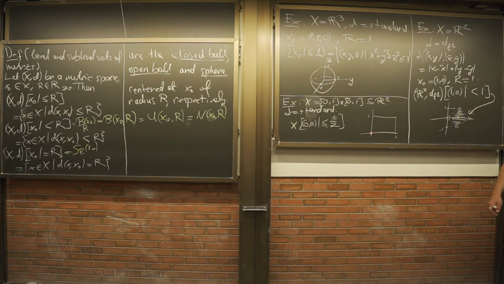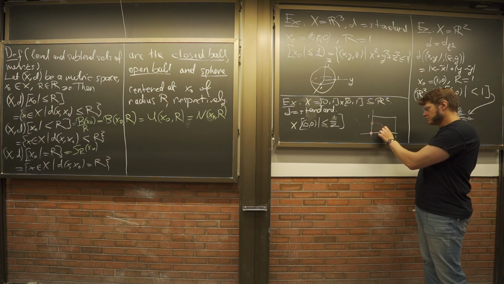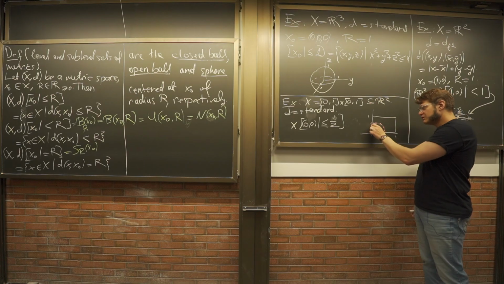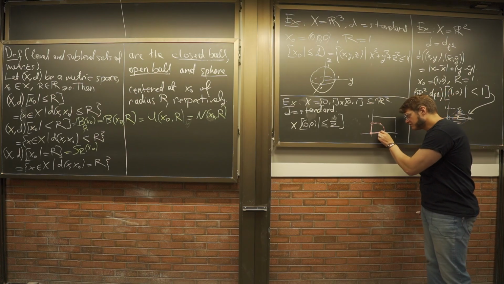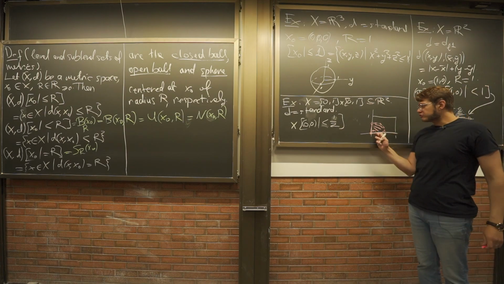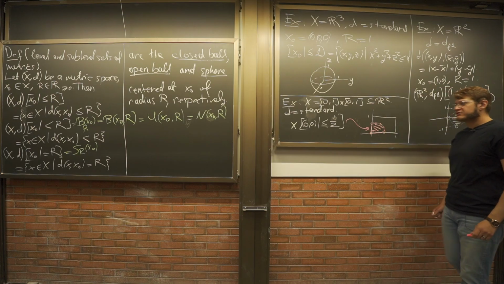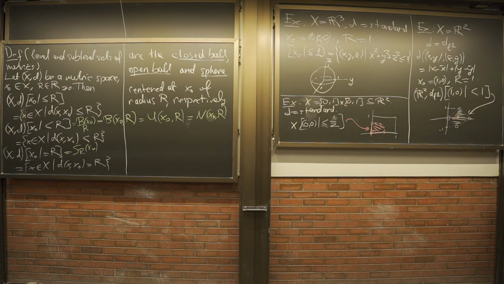Radius is supposed to be 1/2. So the boundary is not included. Maybe I should draw it like so. Not included, but everything else that is closer is. Okay. So somehow this open ball looks like this, even though I'm using the standard metric.